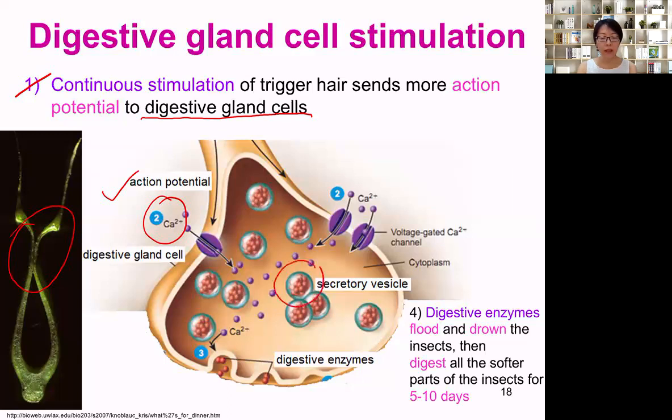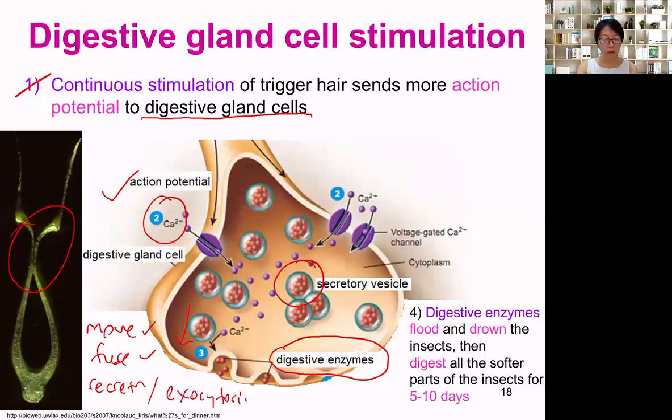Then secretory vesicles containing the digestive enzyme, now not acetylcholine, will then move towards the membrane, fuse with it, okay, move, one mark, fuse, one mark, and then release the content by exocytosis, one mark, okay.